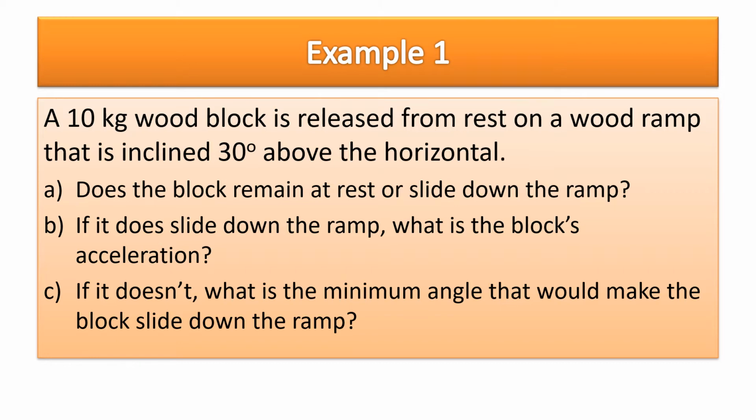If it does slide down the ramp, what is the block's acceleration? And if it doesn't, what is the minimum angle that would make the block slide down the ramp? You could increase the steepness of this ramp. And then what is the tipping point for the block to start sliding down? Pretty interesting question. If you want, you could pause it and set up your own free body diagram and try to do an analysis.